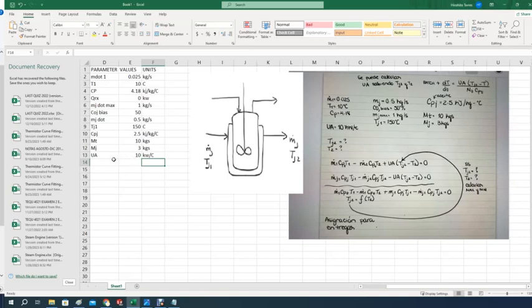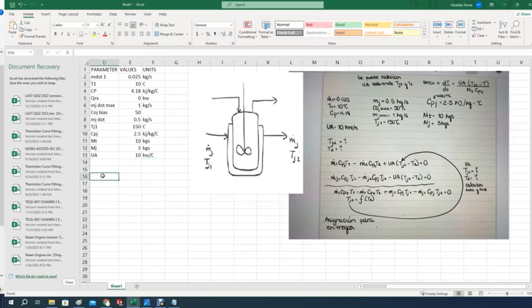And just to make an observation, UA for this tank is huge compared with, for example, UA for convective heat, which is about 0.02. It's a small value. Compared with this, it's about 100 times larger than a regular convective heat transfer. But anyway, I'm just saying that's a big value. We'll see.